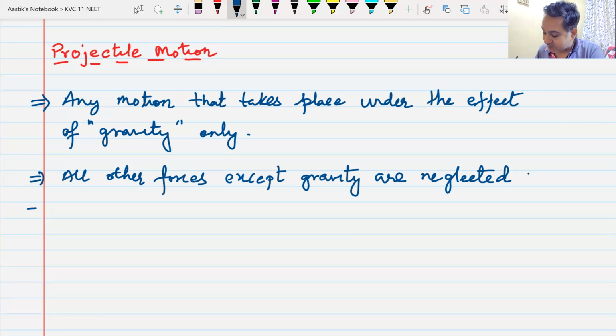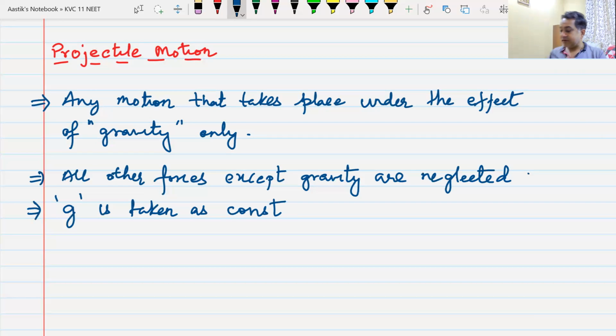G, what do you mean by G? Acceleration due to gravity. It's always taken as constant and is directed vertically downwards. It's actually not directed vertically downwards, but we take it like this. Do we understand this? There are other points as well which may not be of so much importance for NEET.